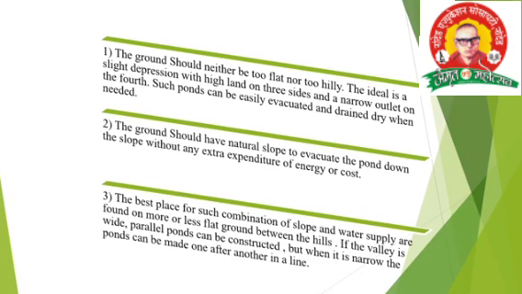The ground should have a natural slope to evacuate the pond down the slope without any extra expenditure of energy or cost. This is a crucial factor in pond location for the purpose of drainage. The topography should permit the pond to be drained completely dry.